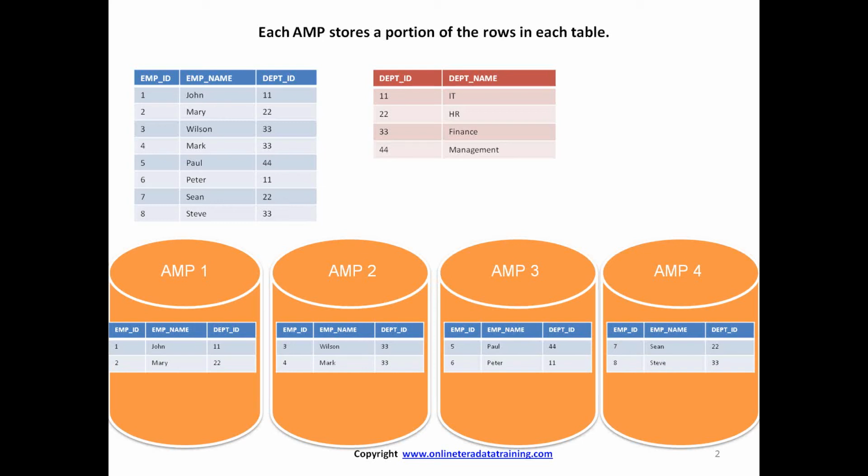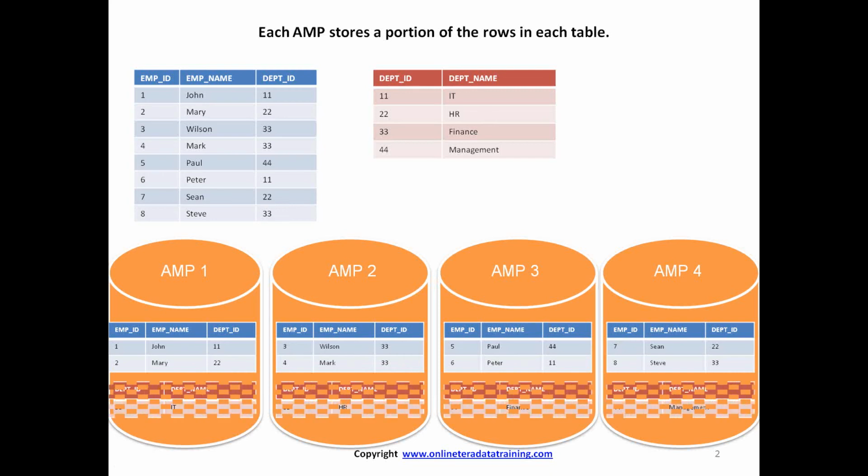In our example, we have a 4 AMP system which is attached to the Teradata system. Now similarly, the department table is also equally distributed across all these 4 AMPs. You can see each AMP is getting 1 row of the department table. So this is a logical representation of how tables and their rows are distributed across AMPs.